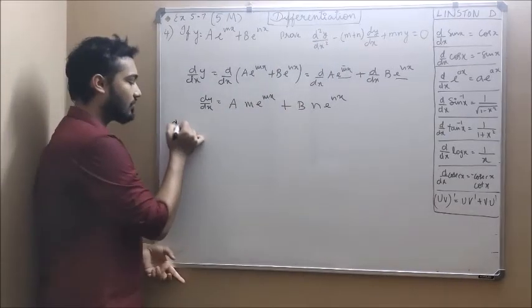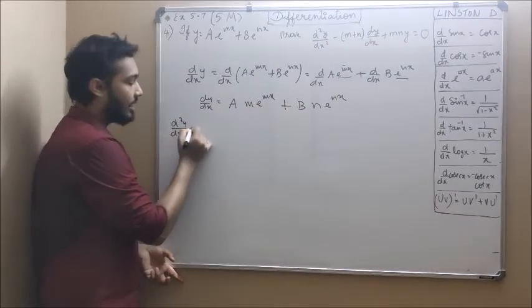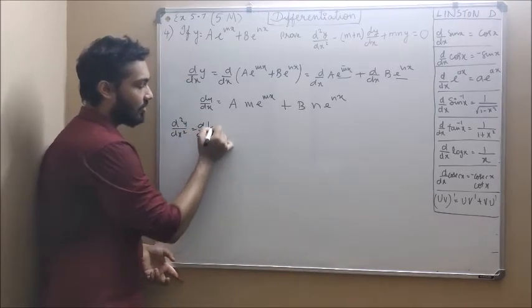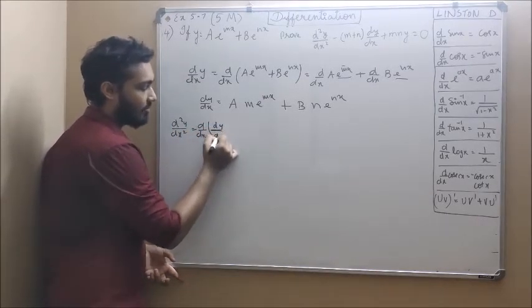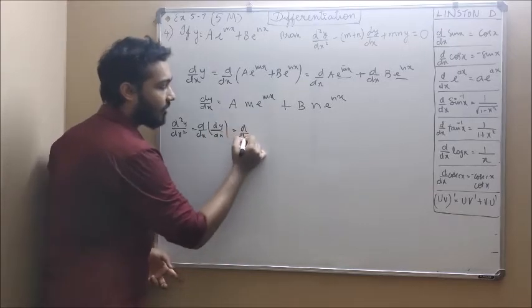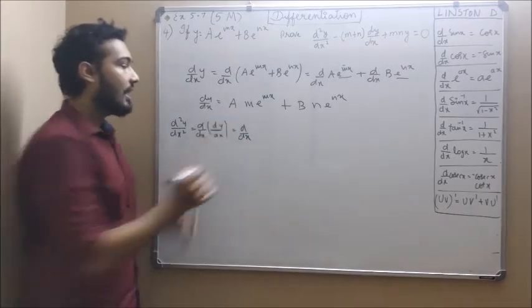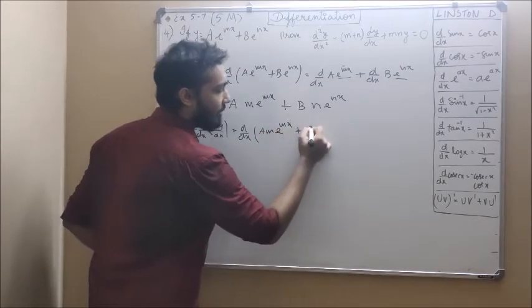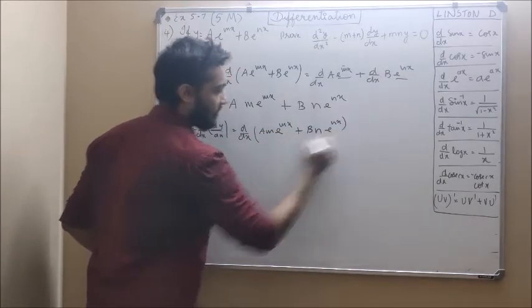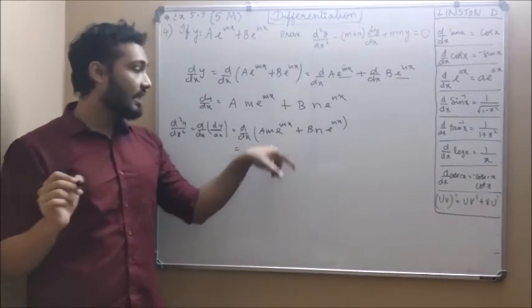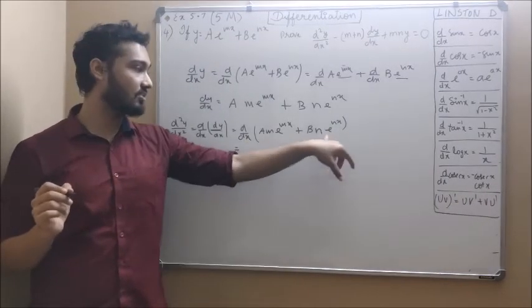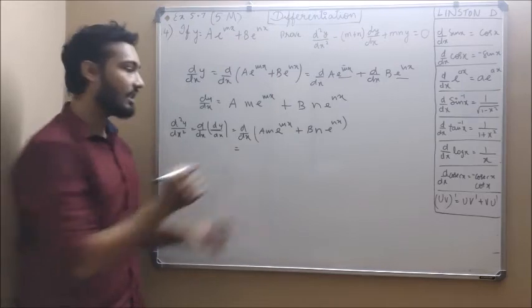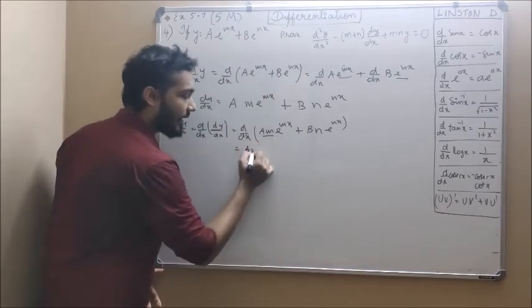What is d²y/dx²? d²y/dx² is nothing but d/dx of dy/dx. What is dy/dx? It is a m e^(mx) plus b n e^(nx). So this is differentiation of this plus differentiation of this. Here a and m are constants, so write a m.